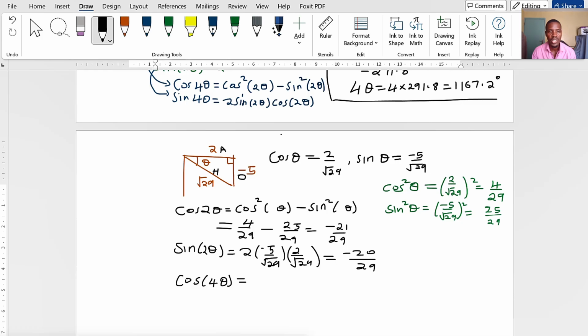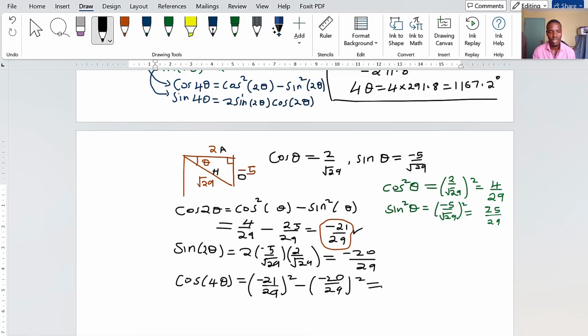Cos 2 theta is negative 21 over 29, so if you square it, it will be the bracket negative 21 over 29 squared, minus sine squared 2 theta. Sine 2 theta is negative 20 over 29, so we have negative 20 over 29 squared.